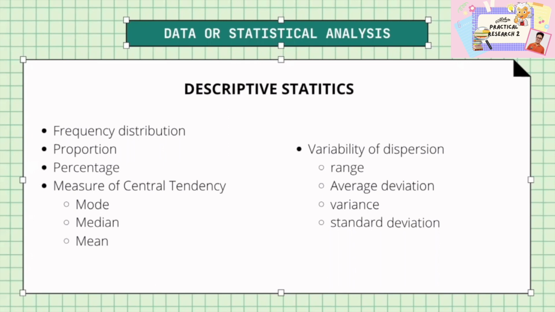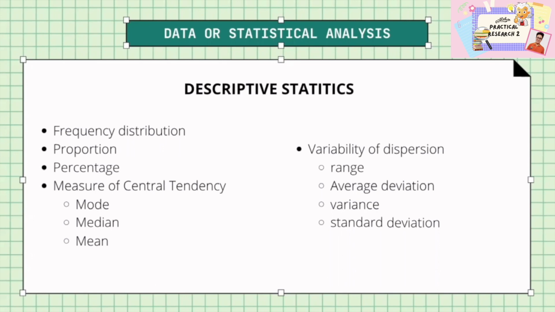I actually don't have to go deeper discussing these points because this is the reason why statistics and probability is a prerequisite subject before taking this Practical Research 2. Once again, if you failed in statistics and probability, you were not allowed to take Practical Research 2.